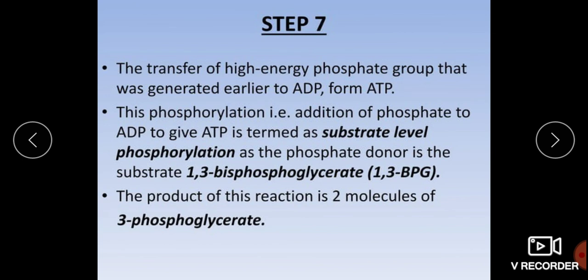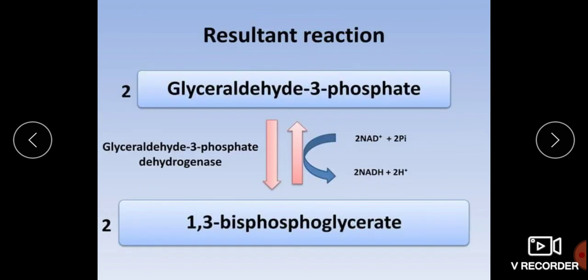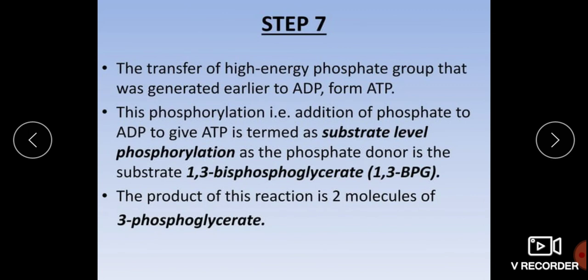The next step, step 7. In step 7, there is a transfer of a high energy phosphate group to form an ATP, and the molecule, that is 1,3-diphosphoglycerate, gets dephosphorylated and leads to formation of 3-phosphoglycerate.